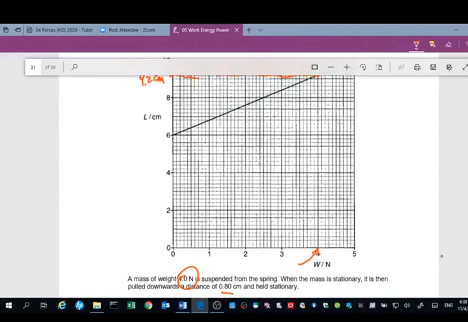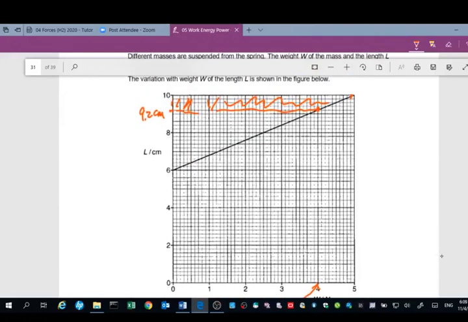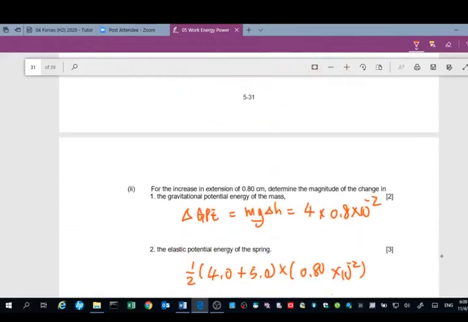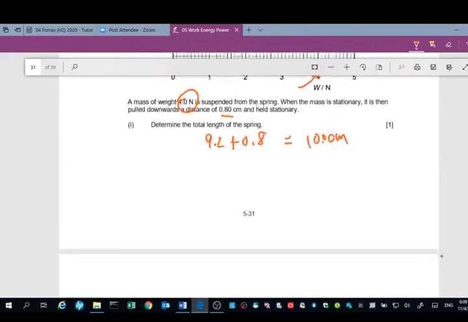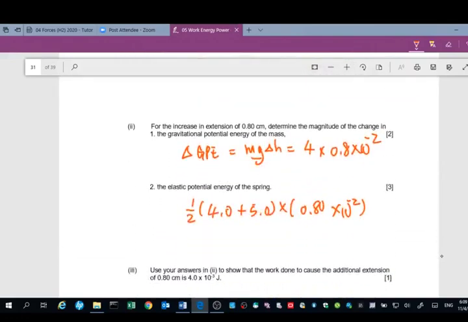This length is 4 Newton, from here to there. The top portion is 5. So the area of the trapezium is the sum of the two sides divided by 2, times the increase in length, which is 0.8 cm. You work this out, and that will give you the change in elastic potential energy.